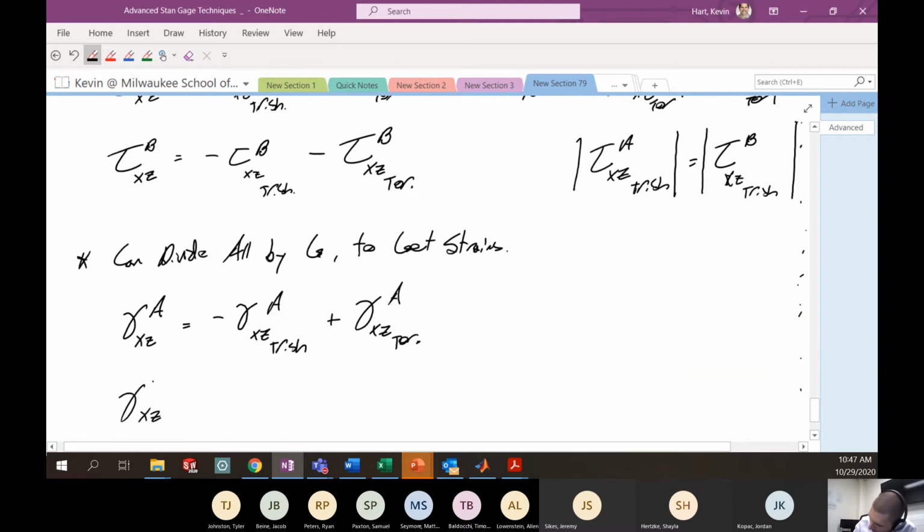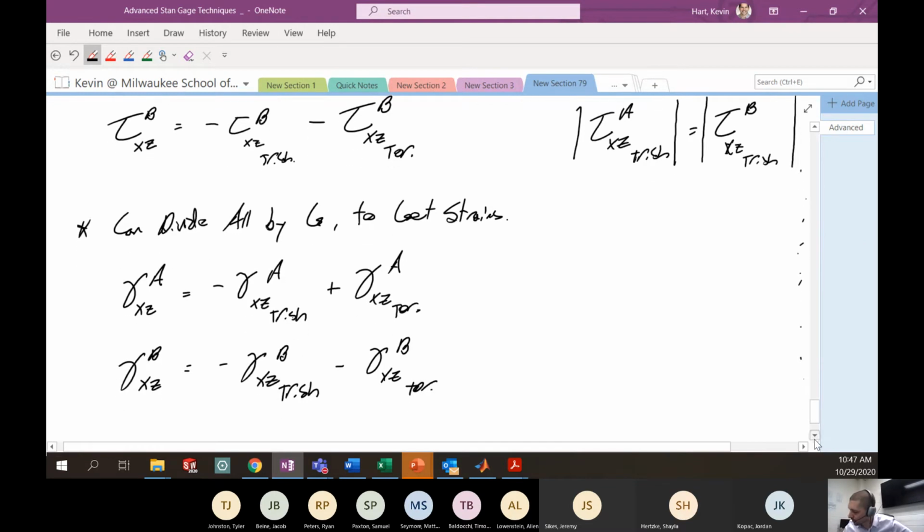Same thing at point B. Okay, so there we are. It's just dividing through by the shear modulus to give us everything in terms of strain. Okay, so we know these equations to be true from the theory of combined loading.